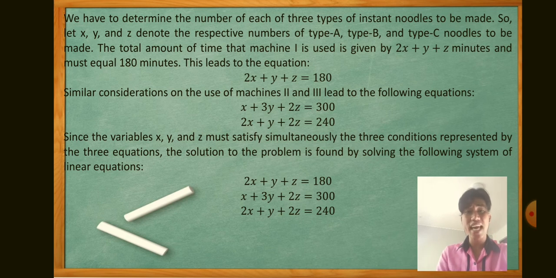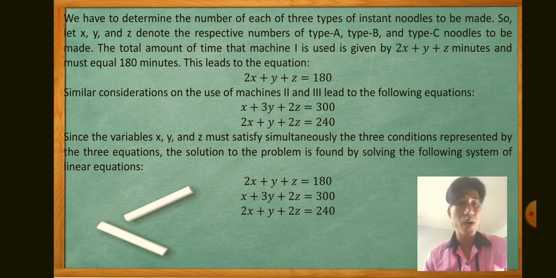Since the variables x, y, and z must satisfy simultaneously the 3 conditions represented by the 3 equations, the solution is found by solving the following system of linear equations. The first equation is 2x plus y plus z equals 180. The second equation is x plus 3y plus 2z equals 300. The third equation is 2x plus y plus 2z equals 240.